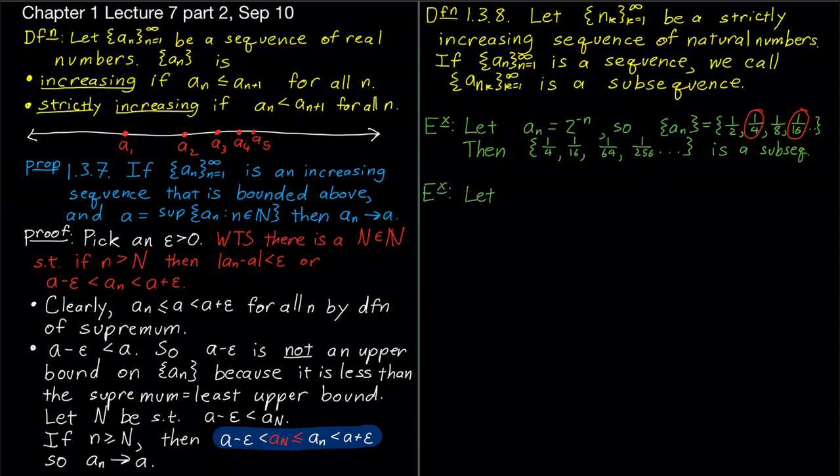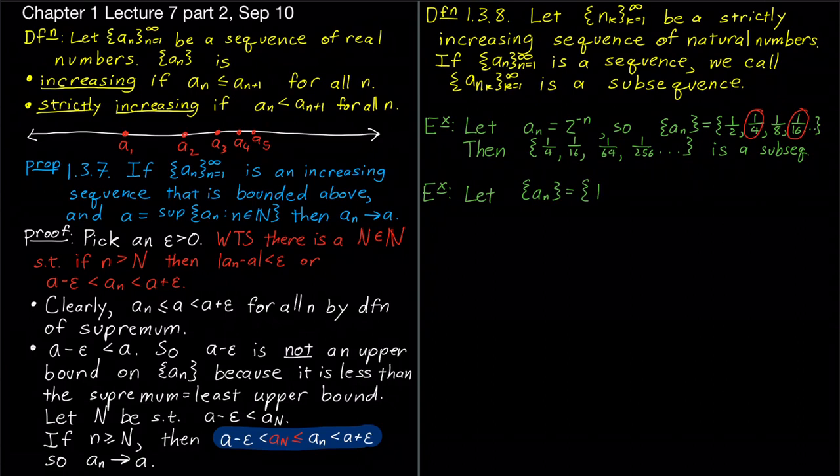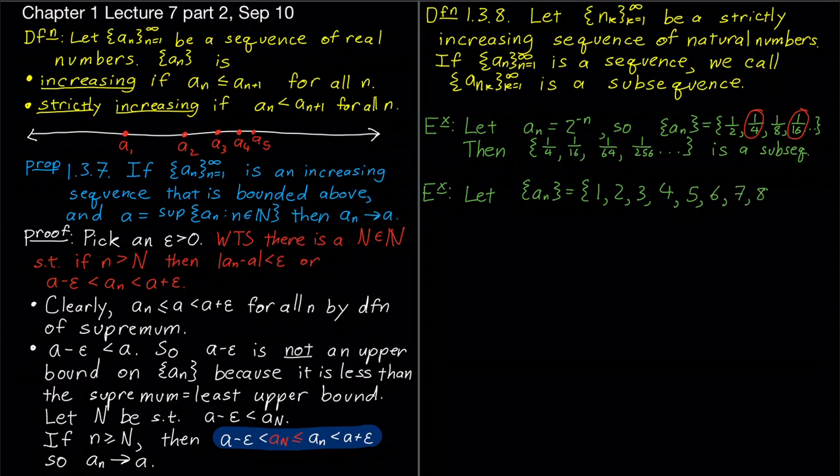Let an be just the integers 1, 2, 3, 4, 5, 6, 7. Then this thing is a subsequence: 2, 3, 5, 7, 11, 13, 17, 19.